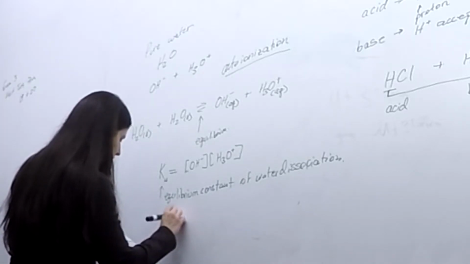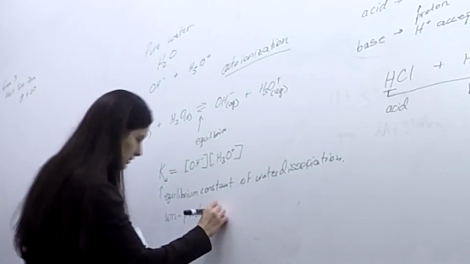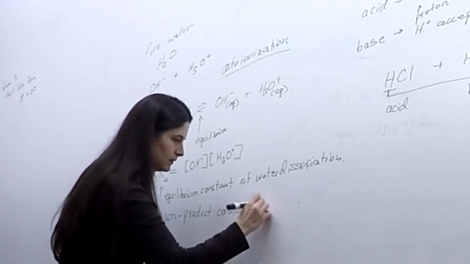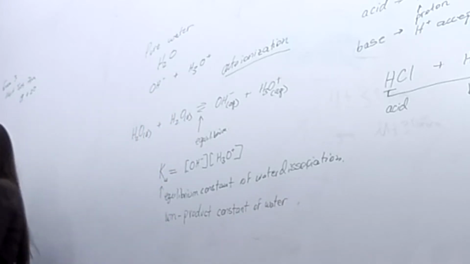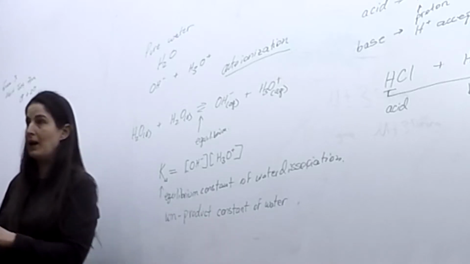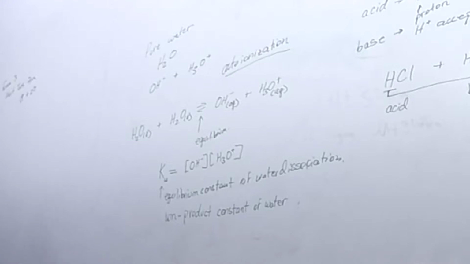Another name for it is the ion product constant. So two technical names for it. If you're looking back at last chapter, it would be called the equilibrium constant of the dissociation of water, because that's the reaction that we're doing. It is also called the ion product constant because it is the product of two ions. So pretty straightforward there.